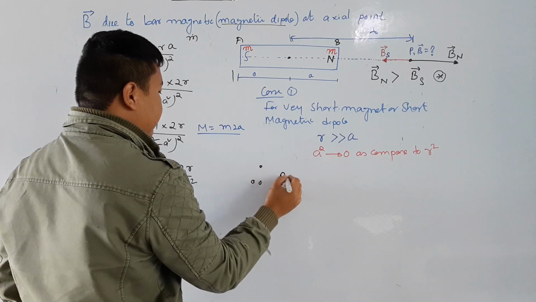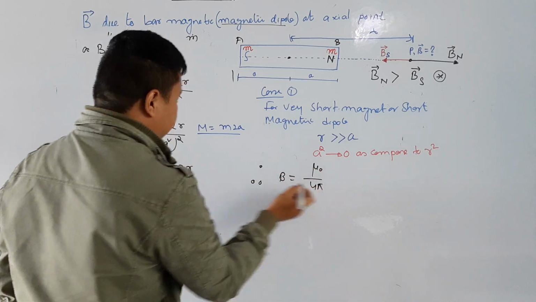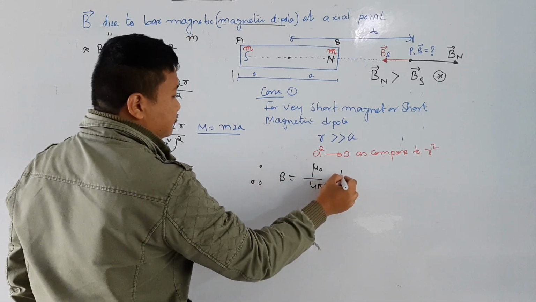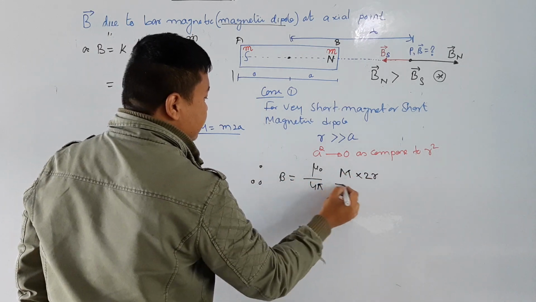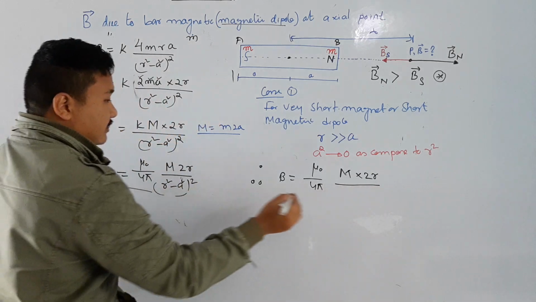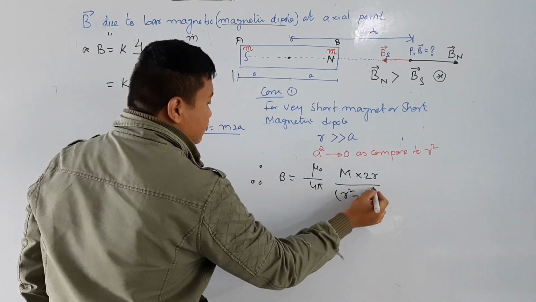So therefore, the magnetic field is equal to mu naught by 4 pi, M into 2R divided by R square minus 0 square whole square.